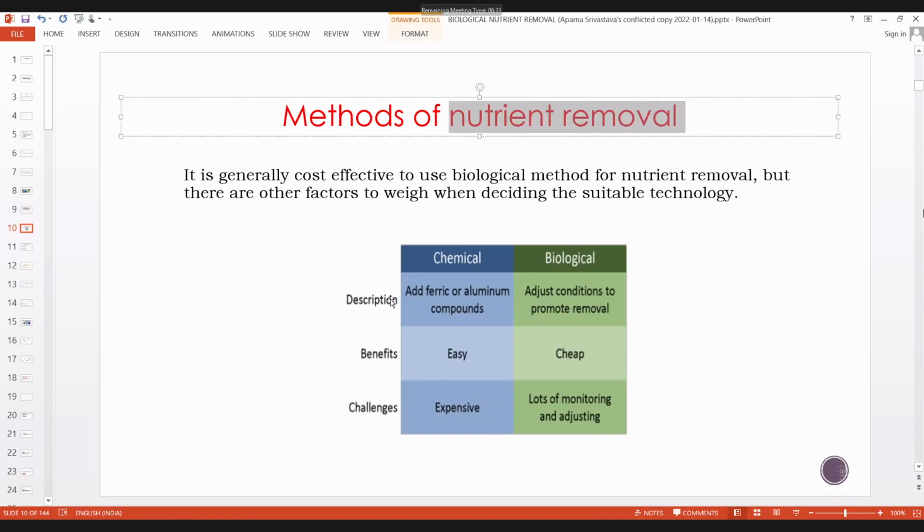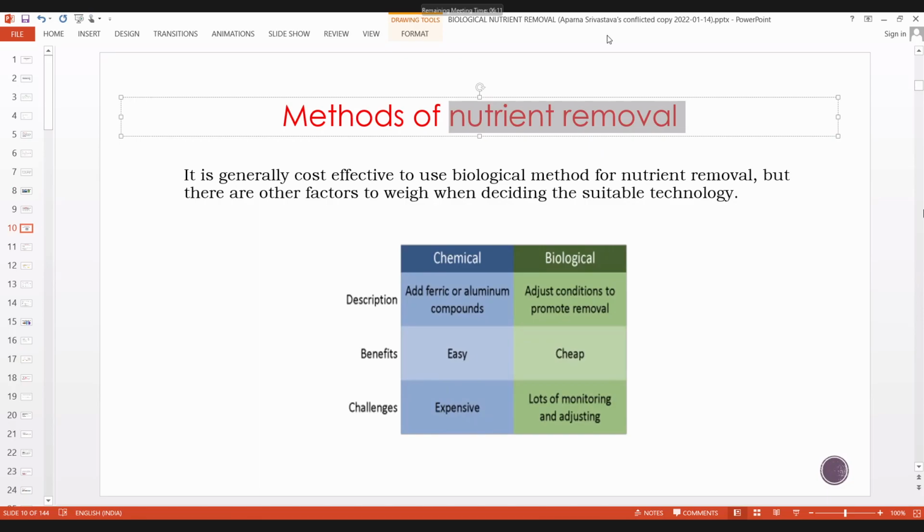Okay, so chemical, we know that we are going to use some chemical, ferric, aluminum, or any compounds. Here we are going to adjust only condition. Benefit, chemical method is always easy, but expensive.